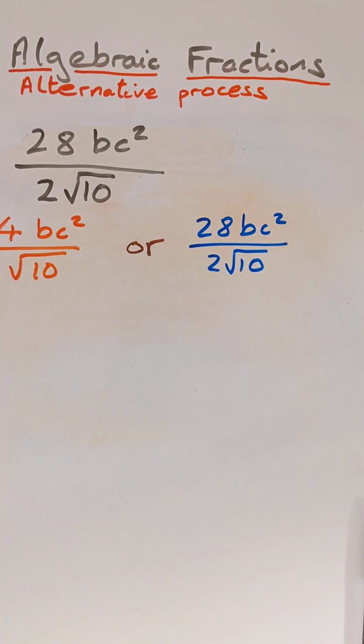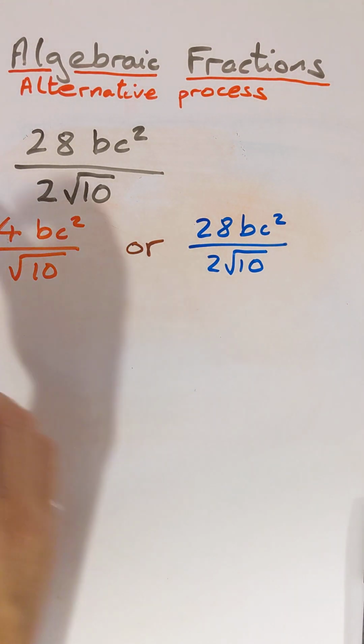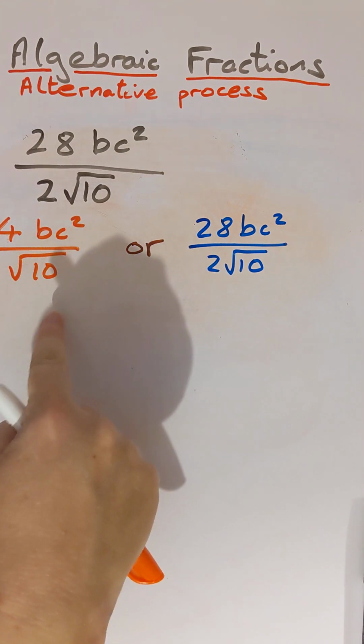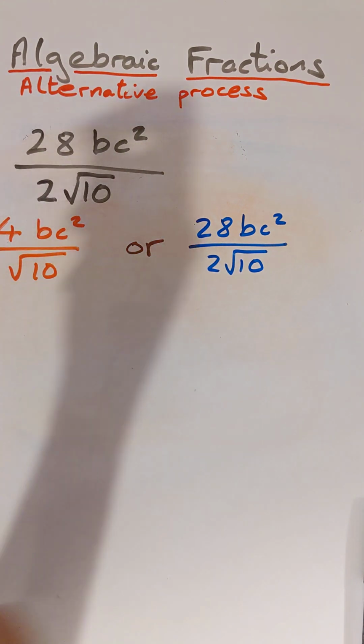Now remember, 10 is 2 times 5. Actually, that's not going to make any difference to us in this. I had planned on going somewhere else with this question. Right, let's work it through. So if we have 14bc squared over root 10, we're going to multiply top and bottom by root 10.